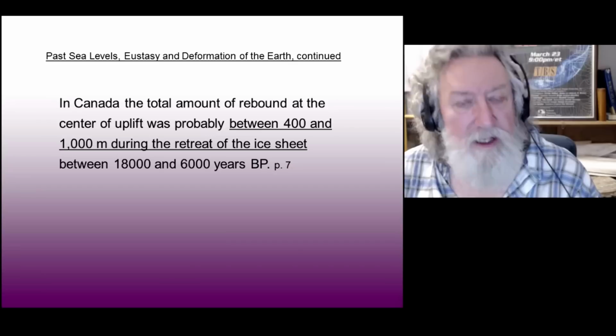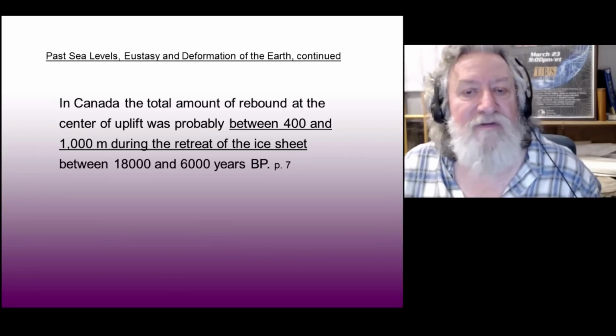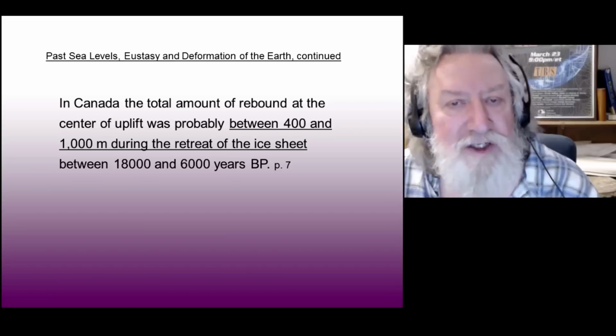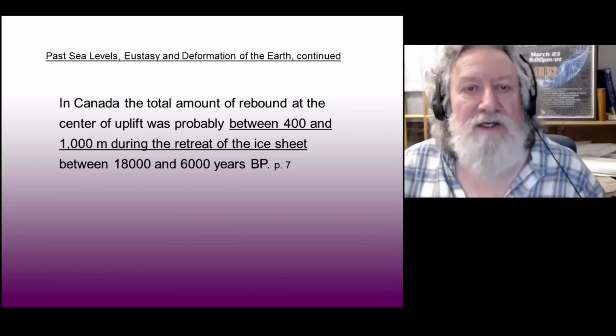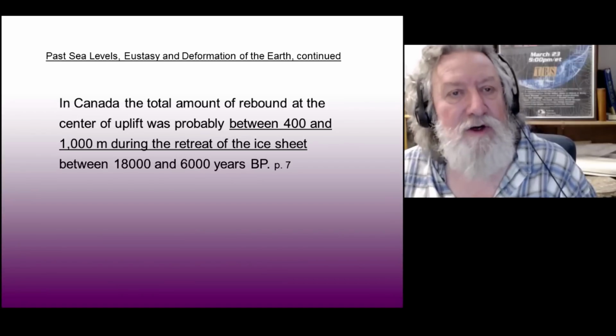In Canada, the total amount of rebound at the center of uplift was between 400 and 1,000 meters. So 1,000 meters is 3,280 feet. Think about that, a rise of over 3,000 feet after the glacial unloading.